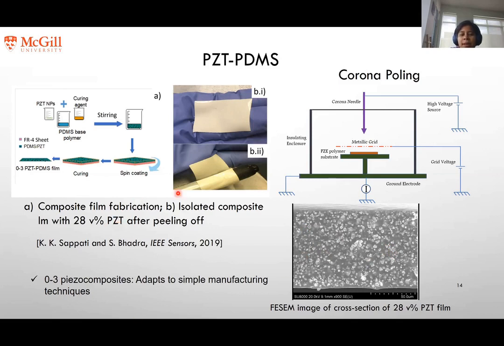This shows a 28 volume percent PZT film. And as I said, we chose the 0-3 composite because it is easy, we can just manufacture it by simple manufacturing processes like stirring and spin coating.